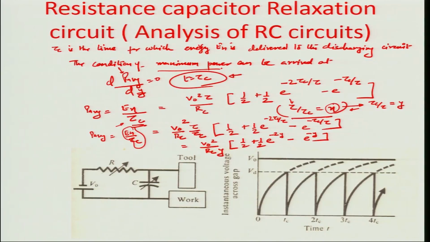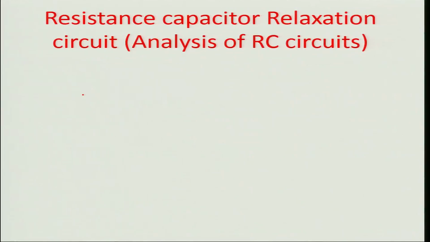So if I were to calculate the d power average per unit dy and equate it to 0, we would actually end up getting a solution for the maximum power transfer condition.